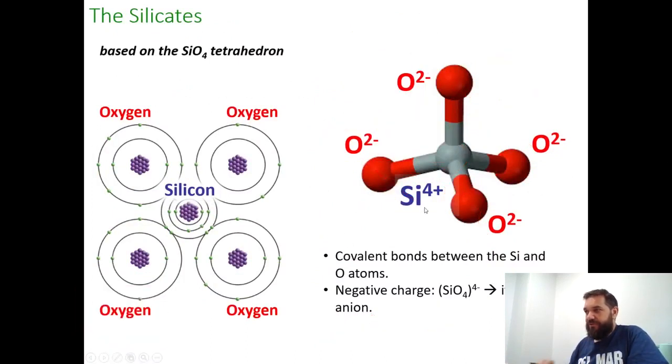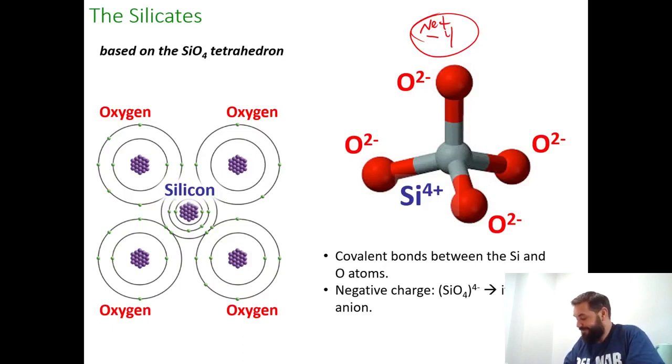Then you can use this to get the charges on everything and make sure that the net charge on the silicate tetrahedron is -4. That's the net. Does that all make sense? I hope it all makes sense. Please tell me if it doesn't make sense. Ask me. You can call me during my office hours. All right, so we got number 19 done.